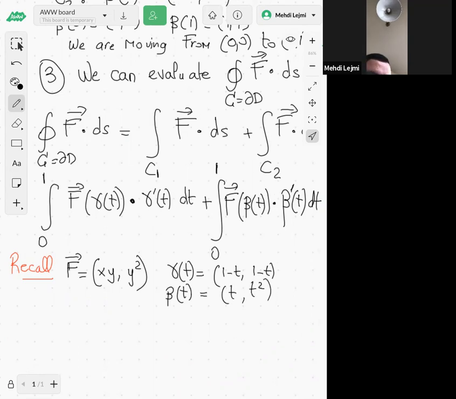Anyway, for the first vector line integral here, it will be from 0 to 1. The vector force field F along gamma, so it's x times y. Here's x along gamma, here's y along gamma. So that's 1 minus t squared.